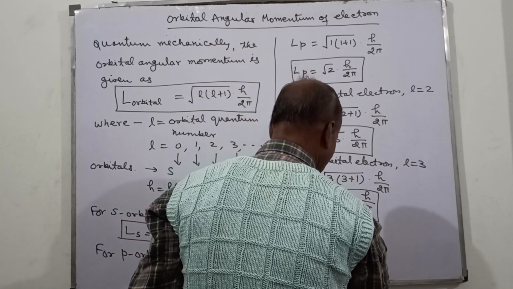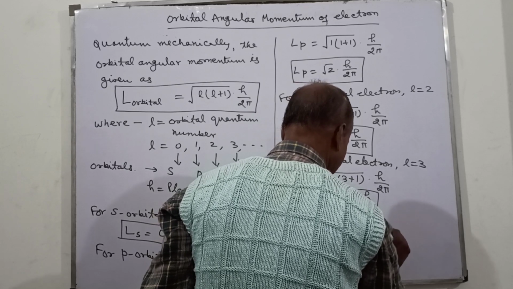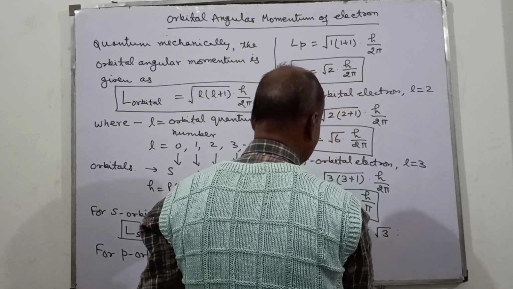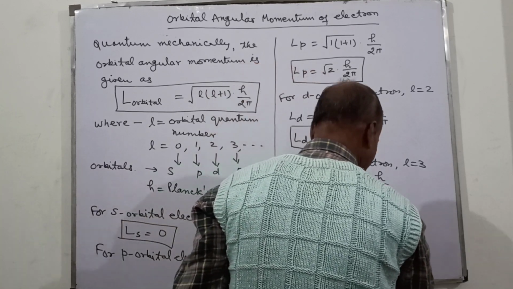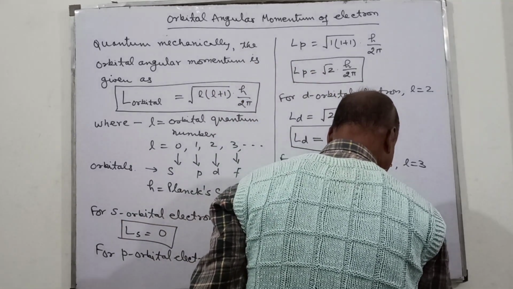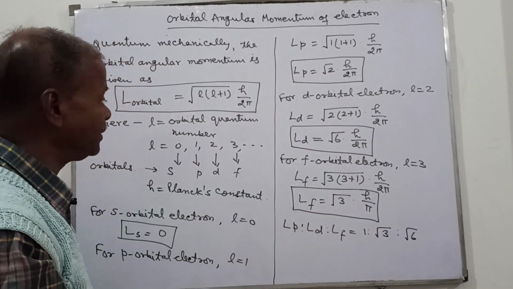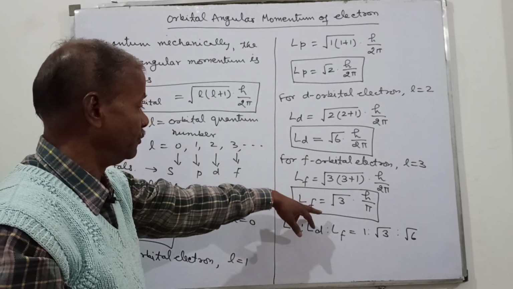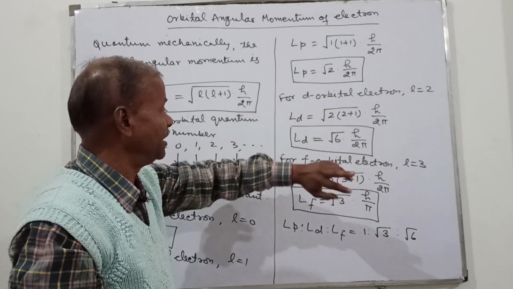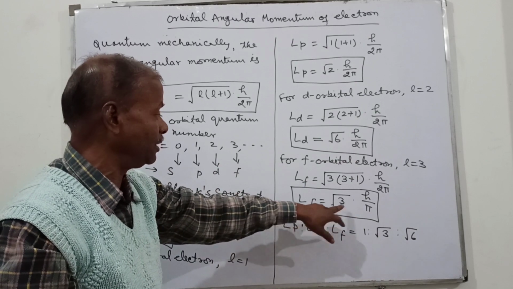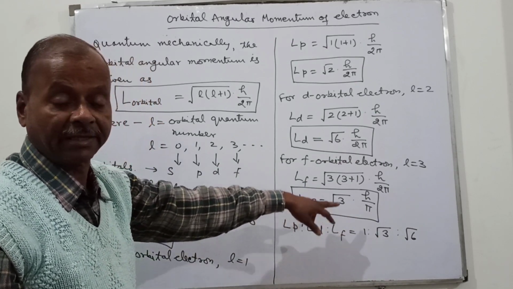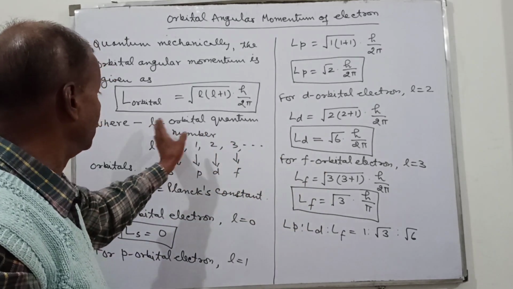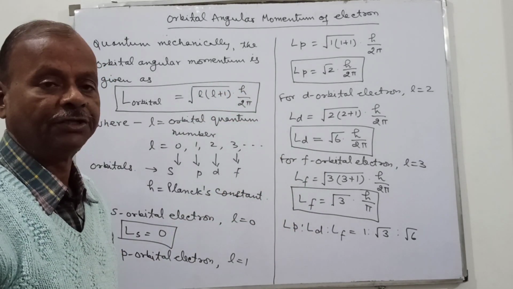So this is now 1 : square root of 3 : square root of 6. This is the ratio. So as we can see, as this l increases, the orbital angular momentum increases. This is now root 2 times, this is now root 6 times, this is now root 12 times. So in this way, as the orbital quantum number increases, the orbital angular momentum also increases.